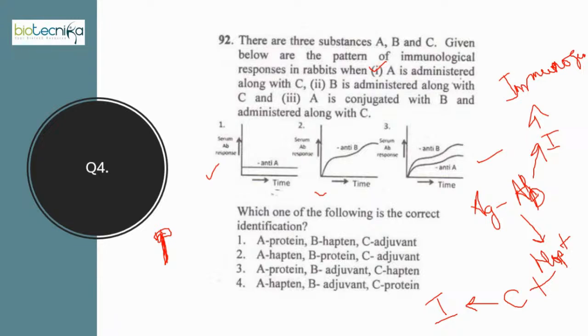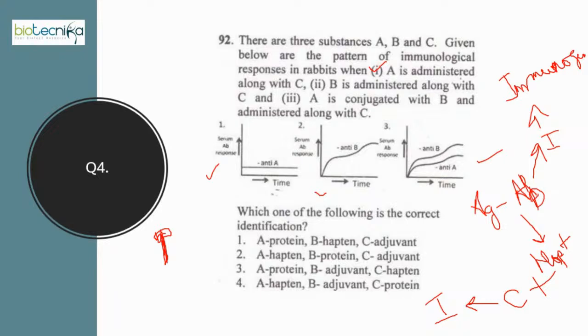Now coming to your adjuvant. Many a times, if I want the drug to stay within the body for a very long time so that it can initiate more and more immunogenic response, then I use an inert chemical which binds to the drug and keeps it in the body for a longer period of time. So it is a pharmacological or immunological agent which modifies the effect of another agent.